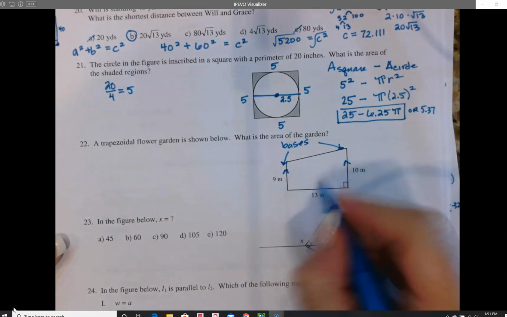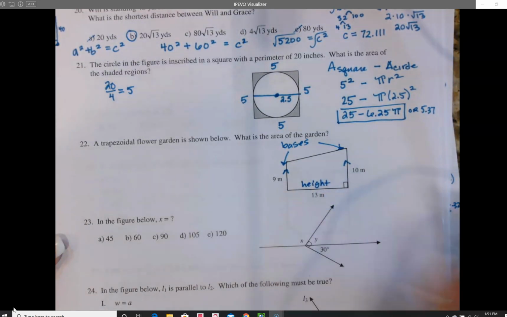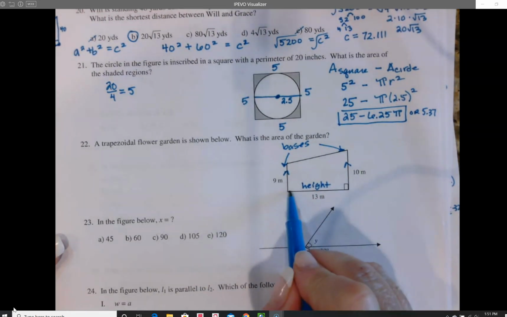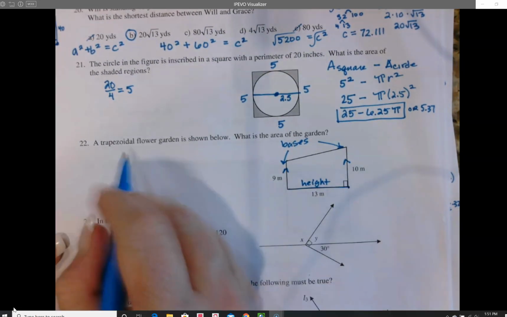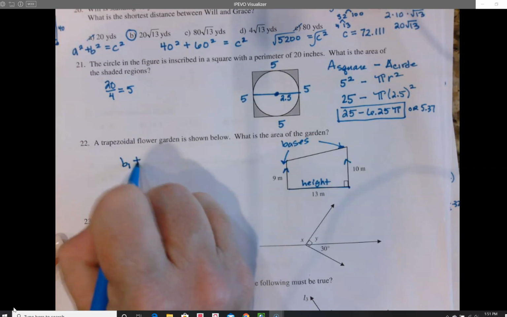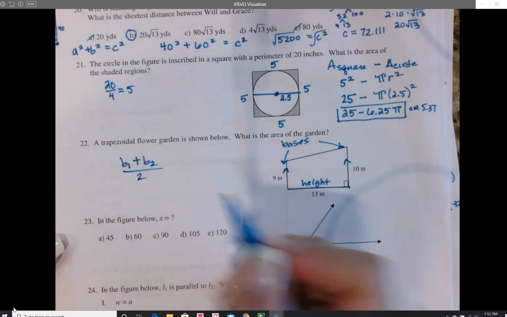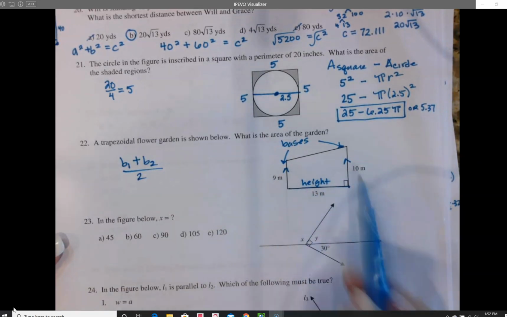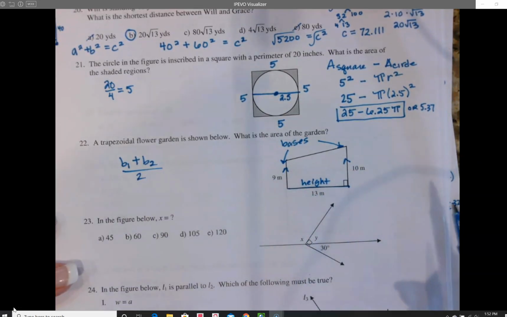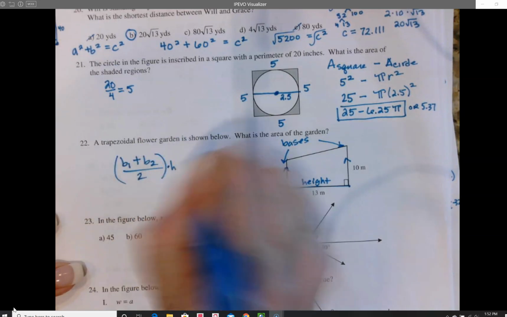Then every trapezoid has a height, and that height is at a right angle between the bases. So in this case, our height is 13. So what we have to do is add the 2 bases together, and then cut that number in half. That's going to give me an average length, is how you could think of it. And then you're going to multiply all that times the height.